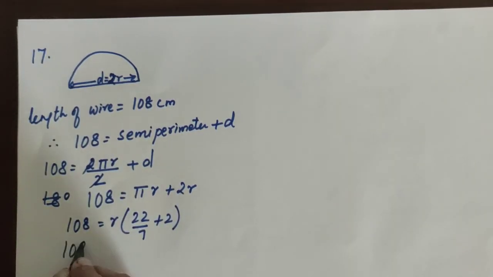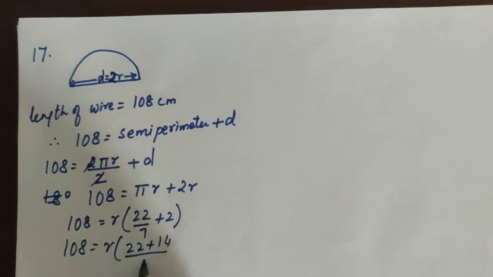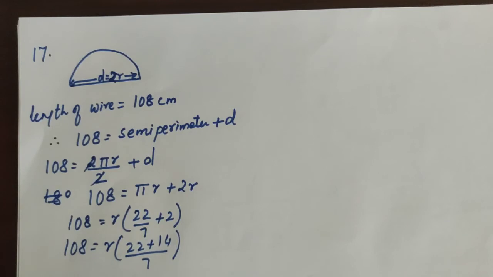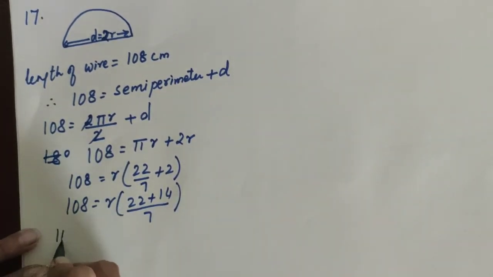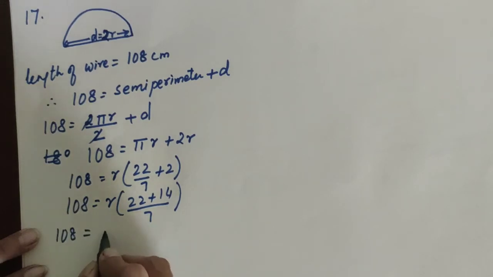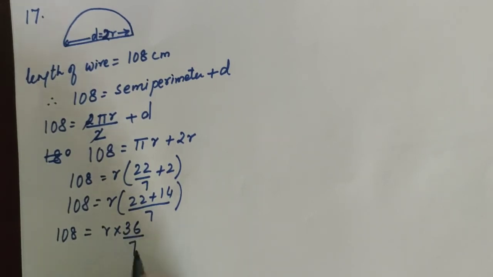Now 108 is equal to r into 22 upon 7 plus 2, which is 22 plus 14 upon 7. Now solve the bracket and then move to the other side. 108 is equal to r into 36 upon 7.